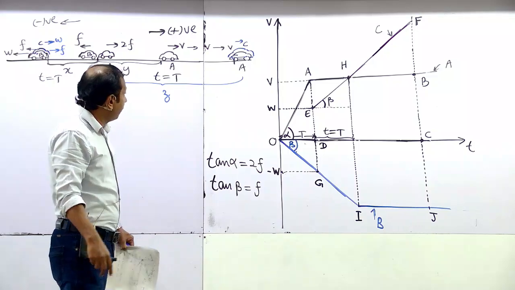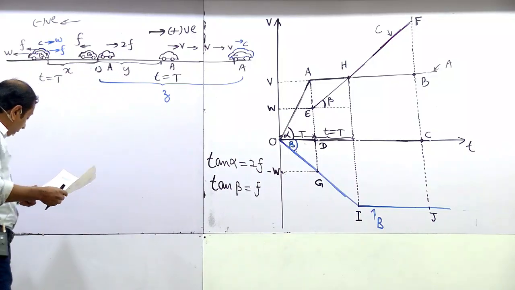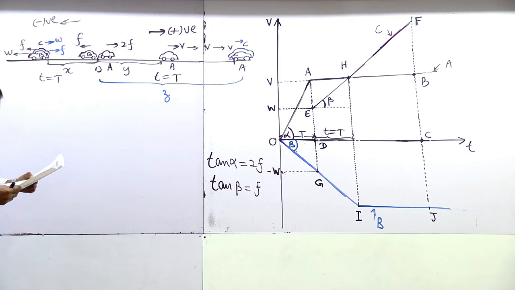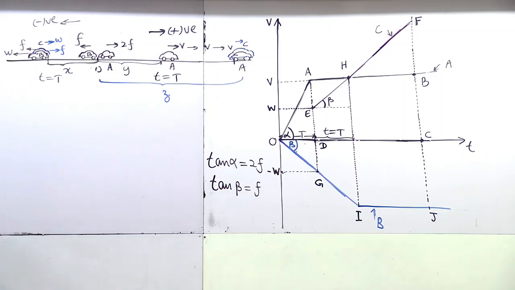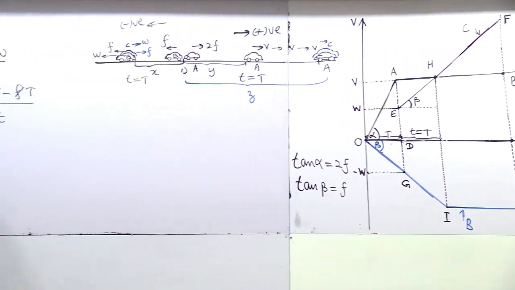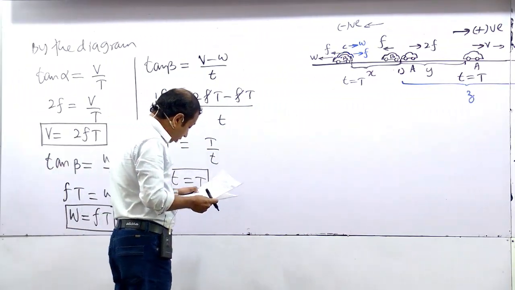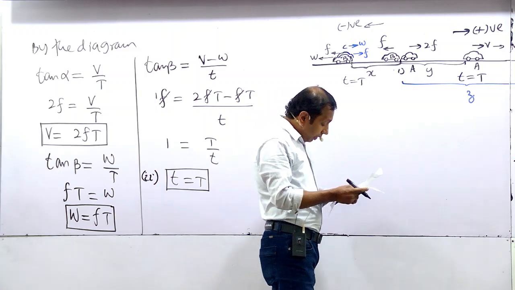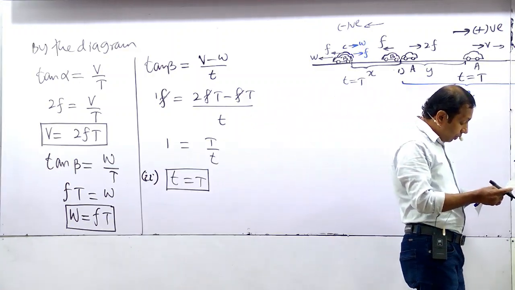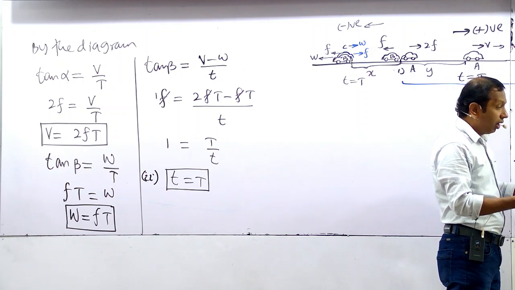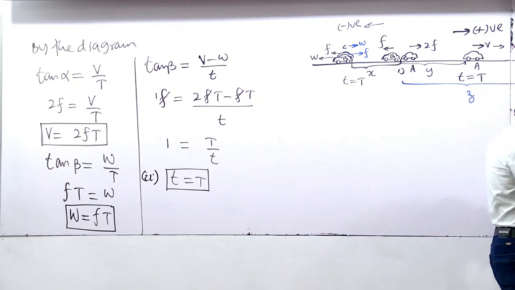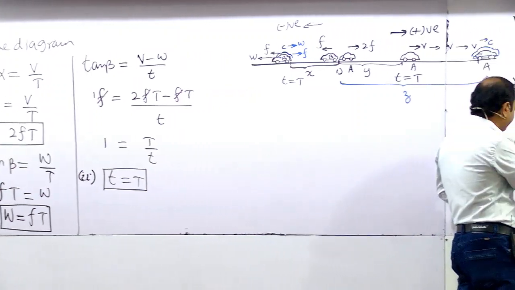Now we go to the calculations, right? Find the time the velocities of A and C are equal. We found that in question number 2, the answer is T. That's correct. Find the time taken by C to overtake A from the initial moment of A. The initial moment of A means, people, from here.